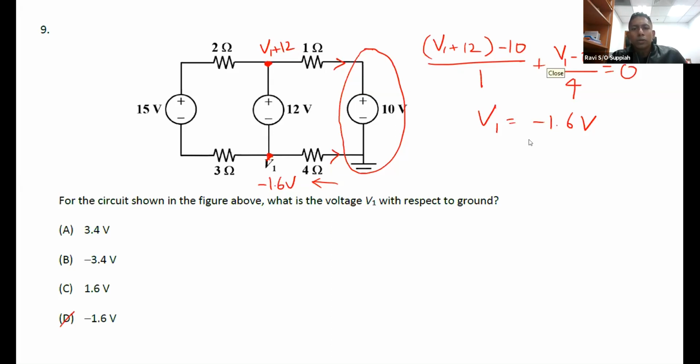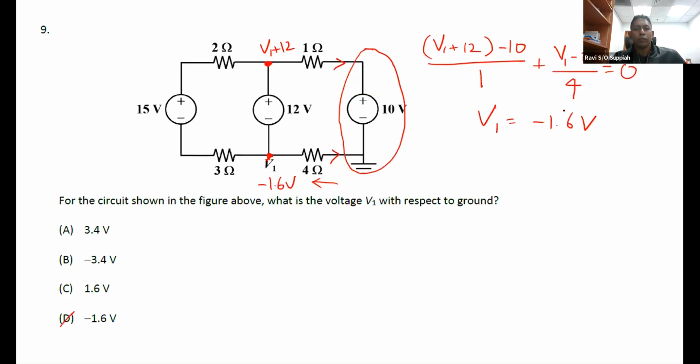Okay, if you want to do this without a supernode, it's possible. I did not try it yet, but if you can come up with proper equations that can define a particular node, then it is fine. The main idea is you want to come up with a set of equations that define current flow to a node.